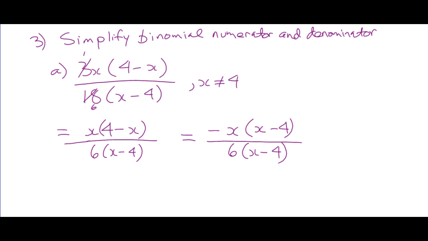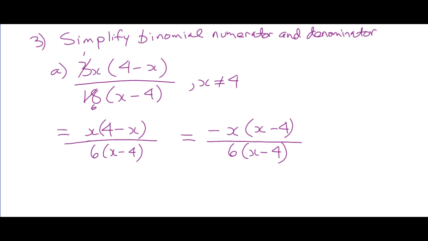Now, step 1. Go through the top and just verify for yourself that, yeah, those really are the same. So is x times 4 minus x the same as negative x times x minus 4? They are, right?